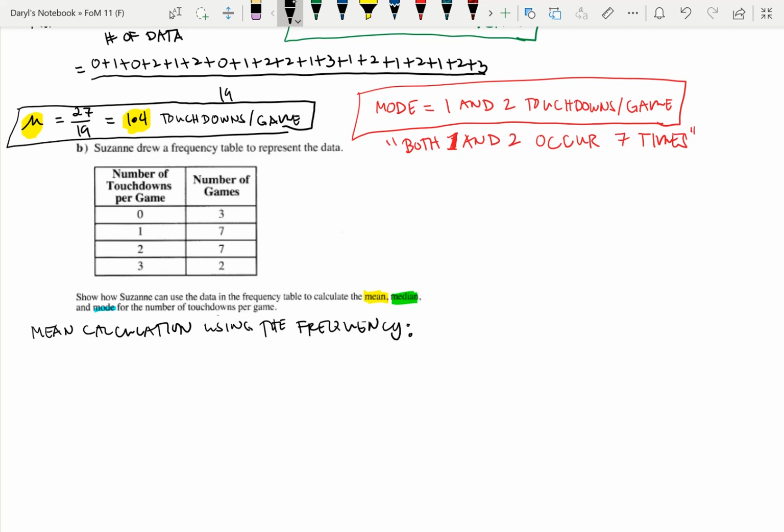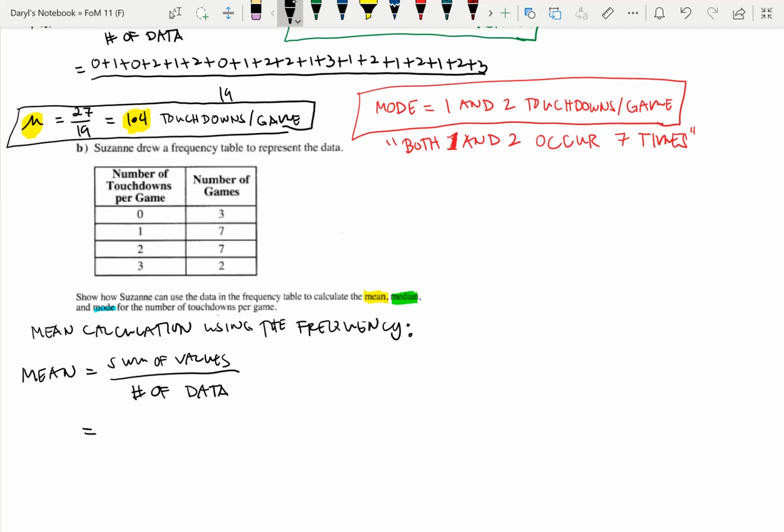So if you have the frequency table, this is how you get the mean. Mean is just equal to, by definition, the sum of values divided by the number of data. So how would you get the sum of the values?